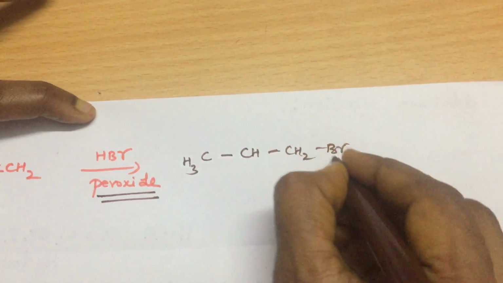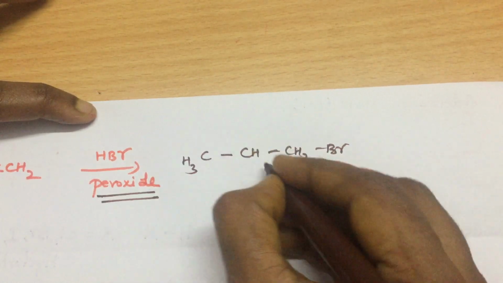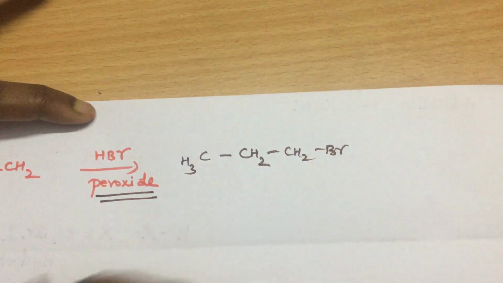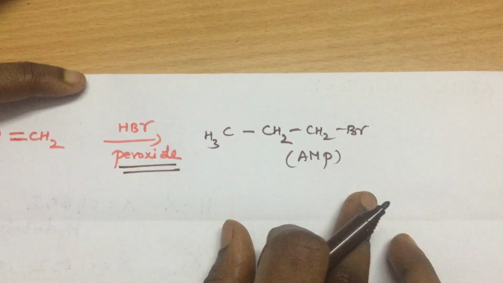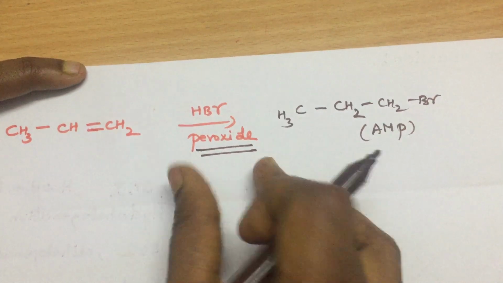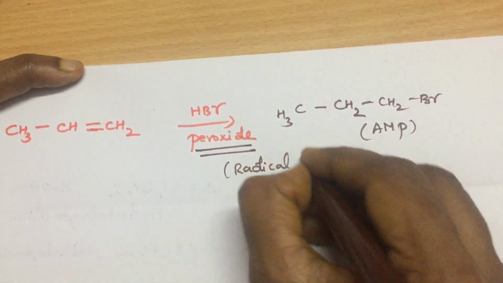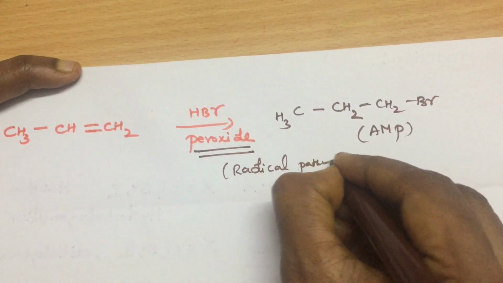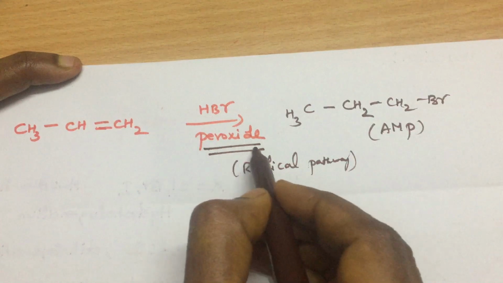The nucleophile is attached to the less substituted carbon. This is because it follows a radical pathway, not an ionic pathway. A radical mechanism is followed here. So you must remember HBr in the presence of peroxide.